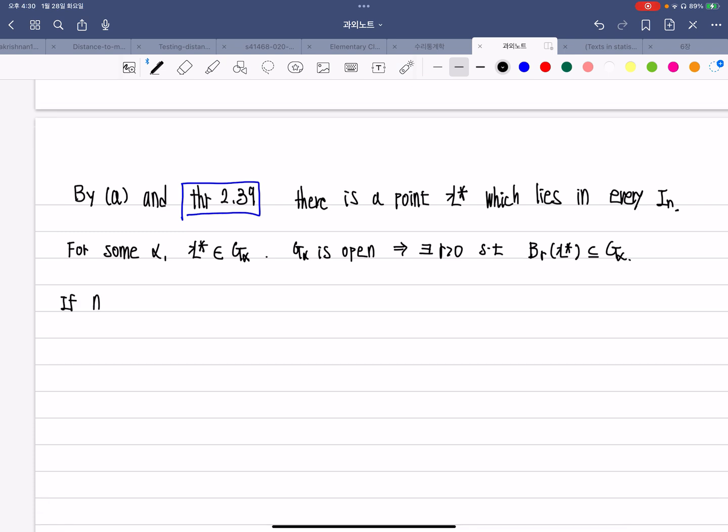If n is so large that this number is smaller than r, this is just an application of the Archimedean property.